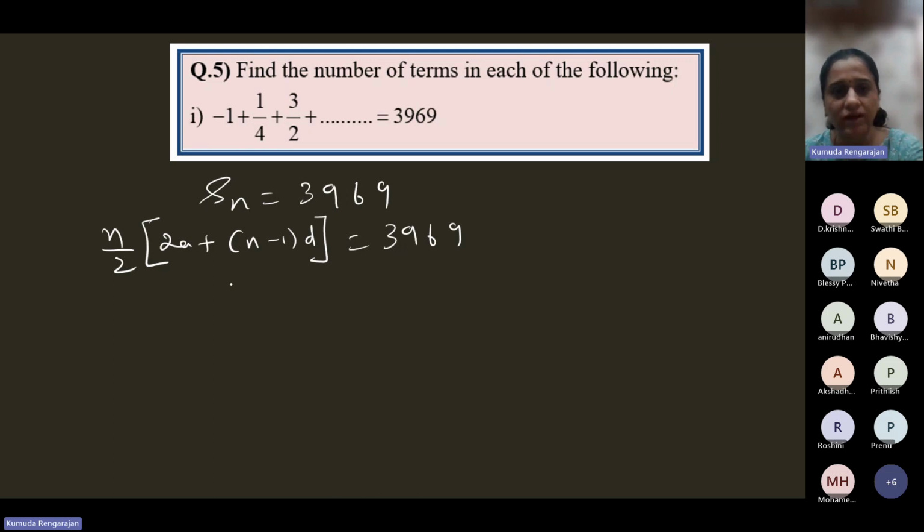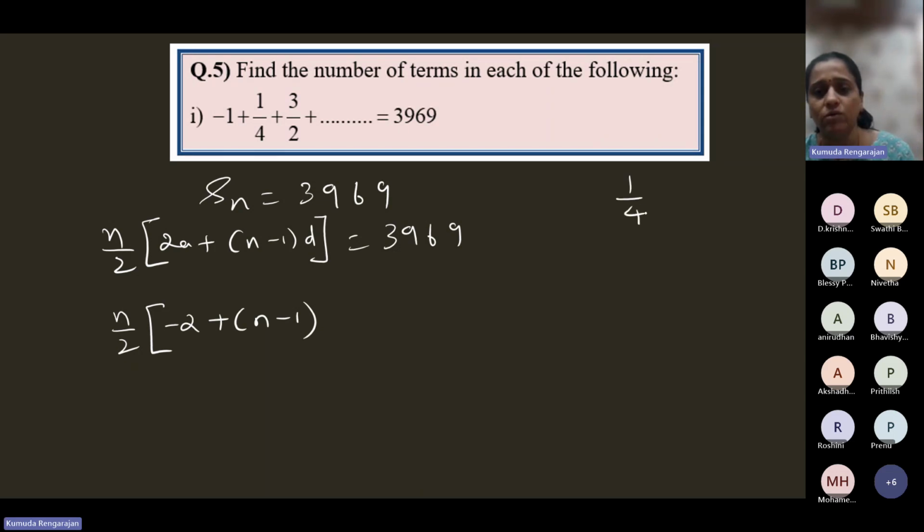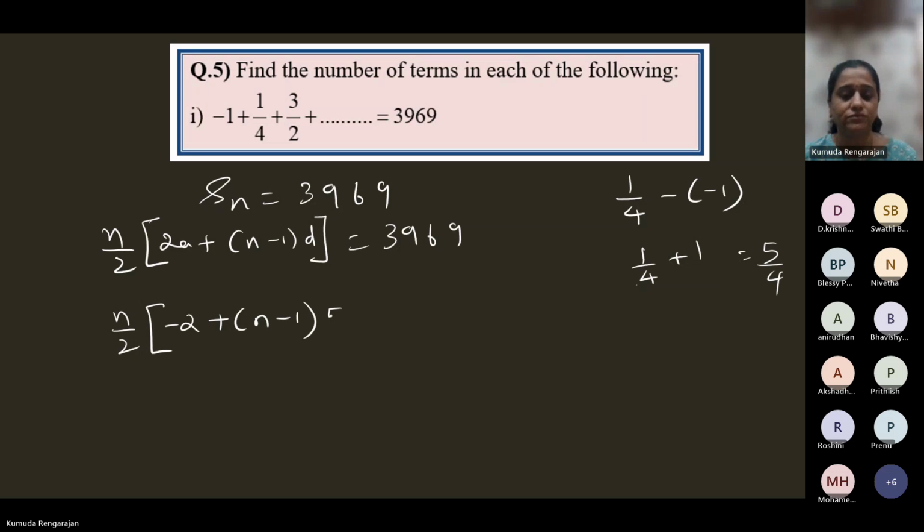So n by 2 of 2a, 2 into minus 1, minus 2, plus n minus 1 into d. D is 1 by 4 minus minus 1, second term minus the first term. So 1 by 4 plus 1. On taking the common denominator, LCM, you get 5 by 4. D is 5 by 4, is equal to 3969.